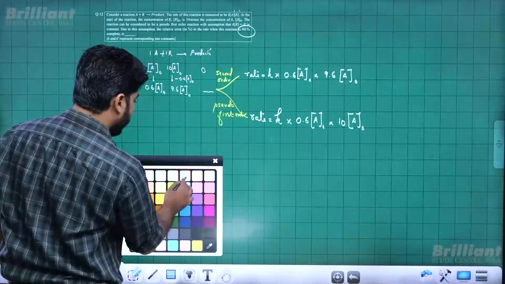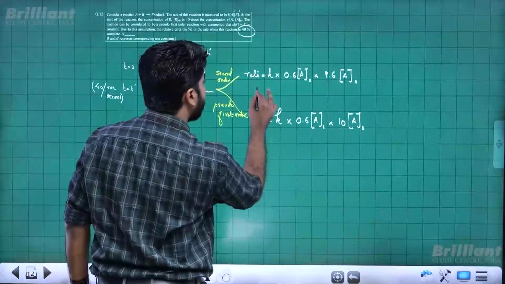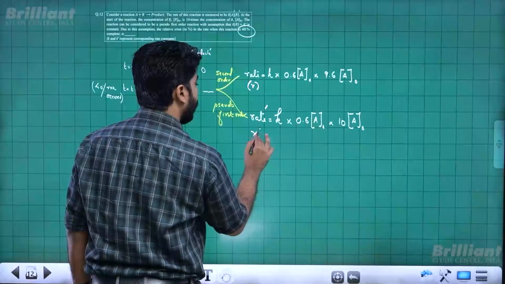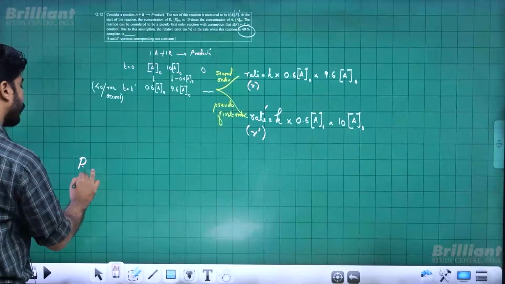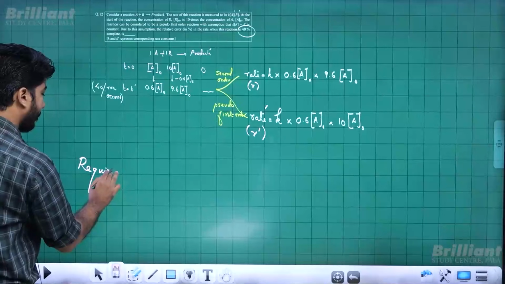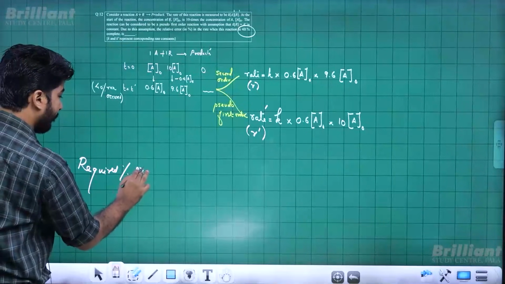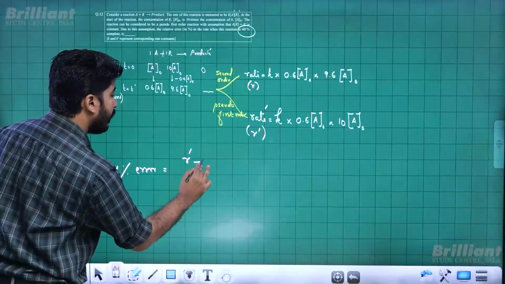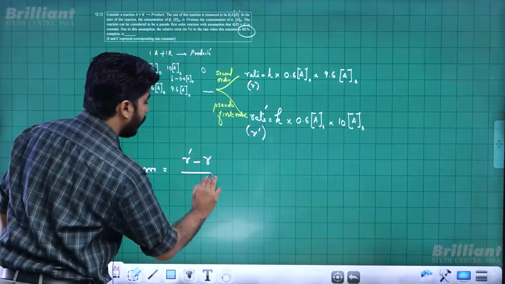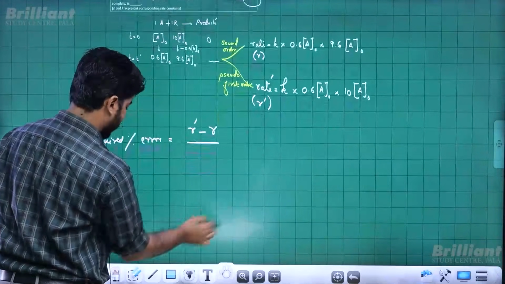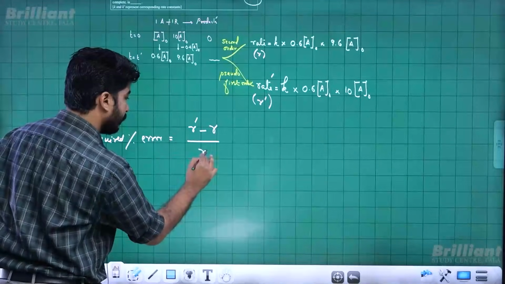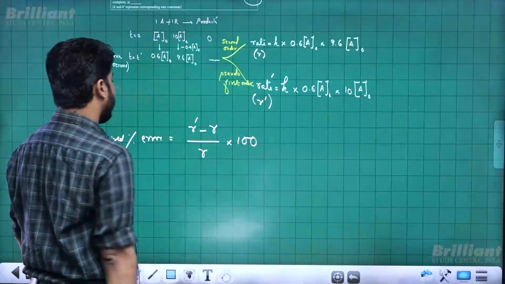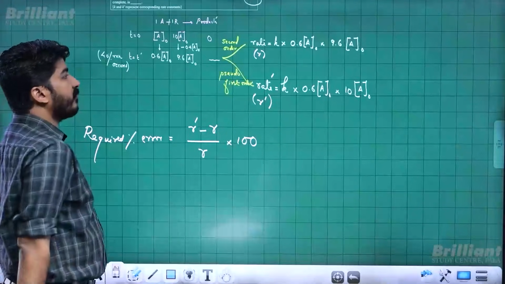So let's call this R and this R dash. So the required error is R dash minus R divided by R, into 100. So this is the relative error, that is, a percentage error.